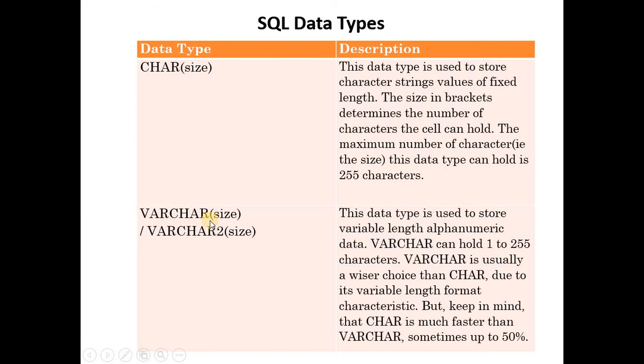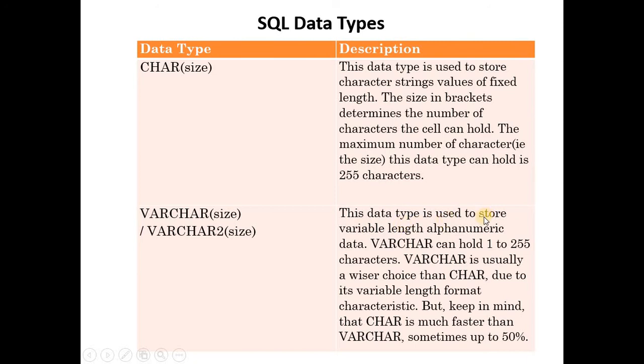Let us see varchar or varchar2. Here the size also says the same thing, that there is a maximum number of alphanumeric data that can be held by the column that has data type as a varchar or varchar2 of the size.